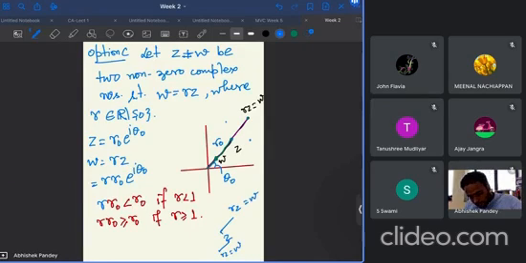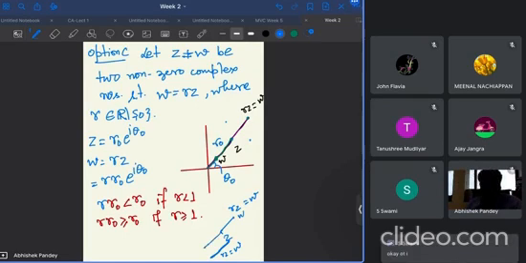If it takes it here to W, and suppose the origin is here, we will consider this whole line L. So I hope everything is clear in this one.